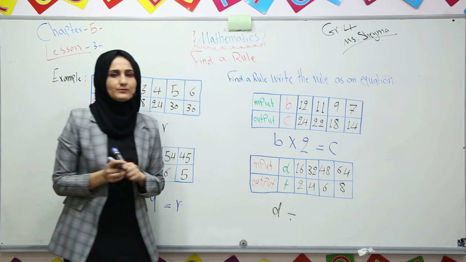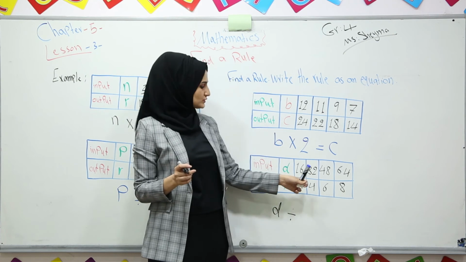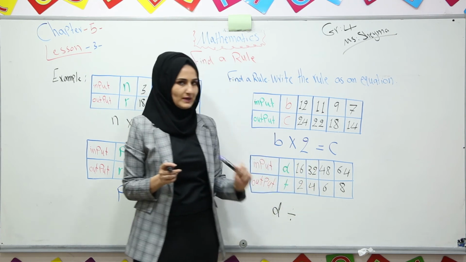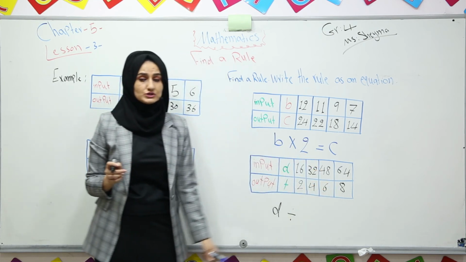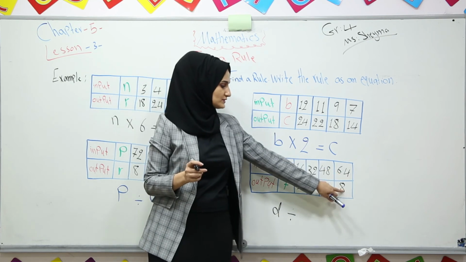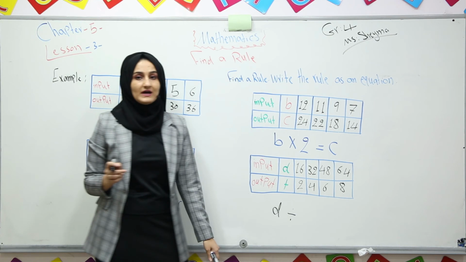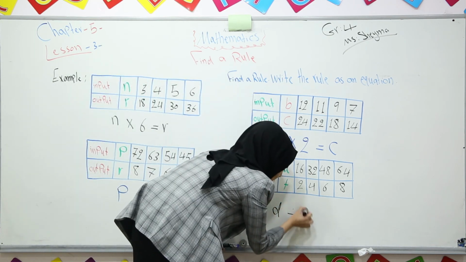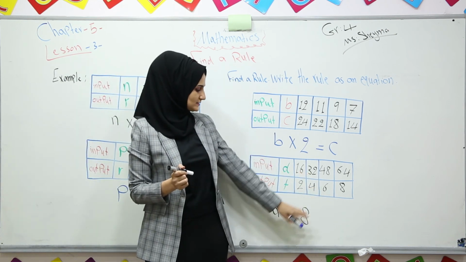So D divided by what? 16 divided by which number? 32 divided by which number is 4? 48 divided by which number is 6? 64 divided by which number is 8? I think 16 divided by 8 is equal to 2. So D divided by 8. 32 divided by 8 is equal to 4.